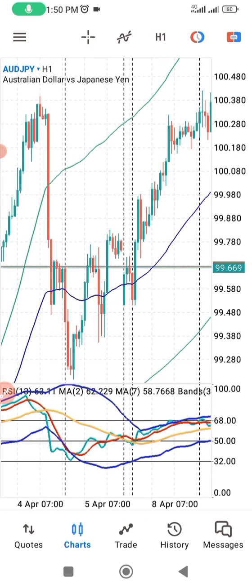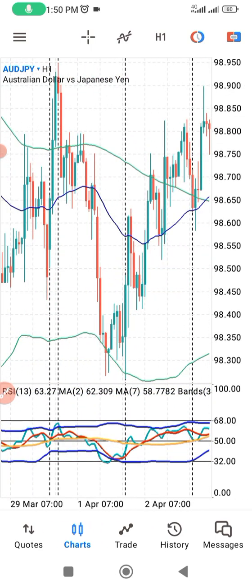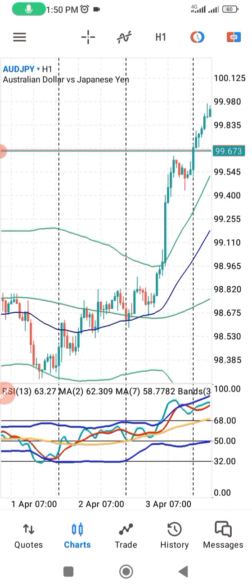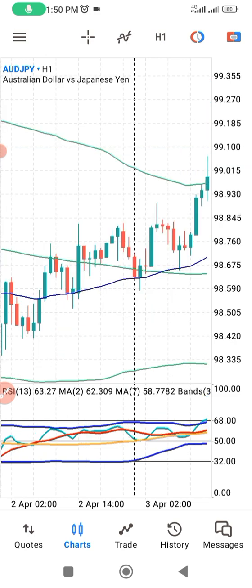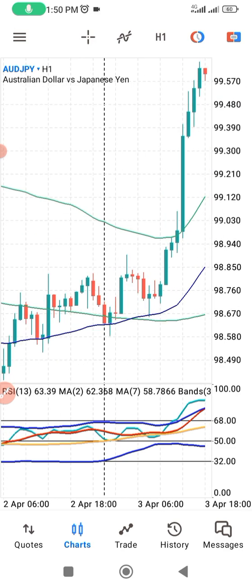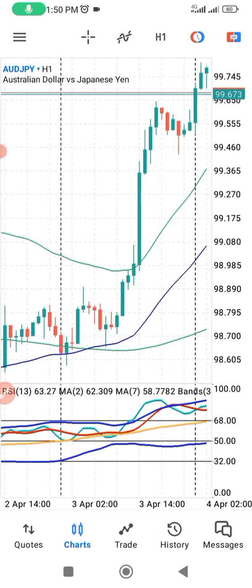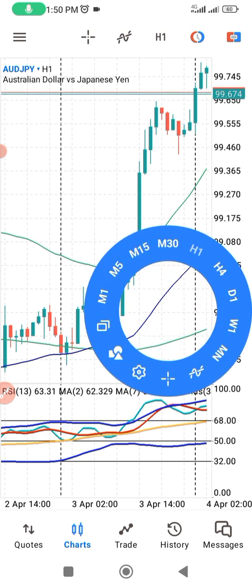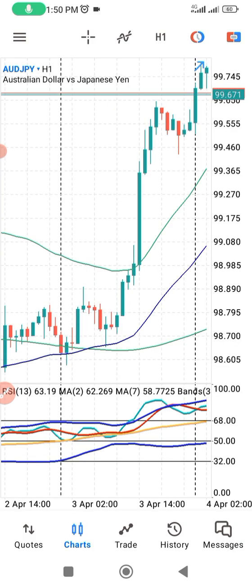So number one, let us establish the trend of the market. And let's use this particular chart that we are seeing to establish our trend. Looking at this chart, we have our upper Bollinger Band line here, and we have our middle Bollinger Band and our 50 moving average.